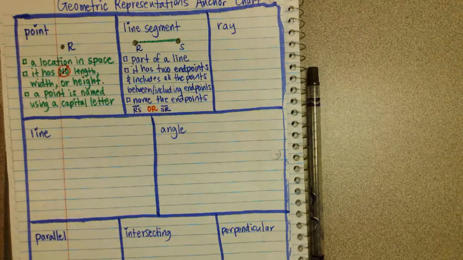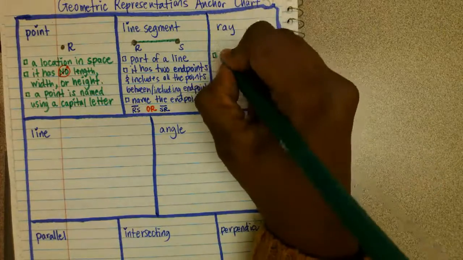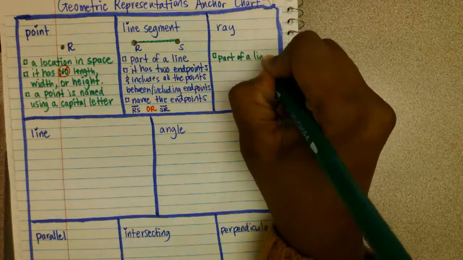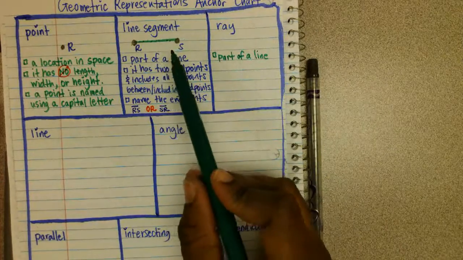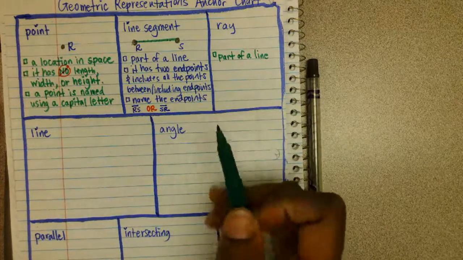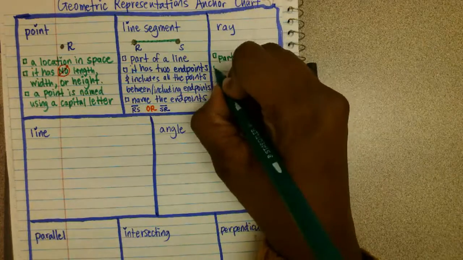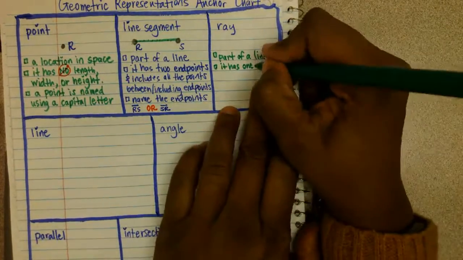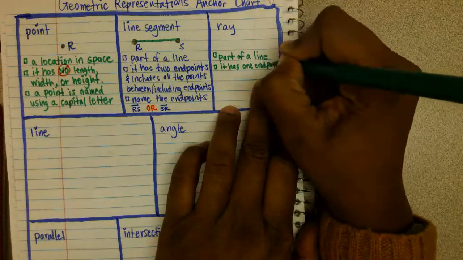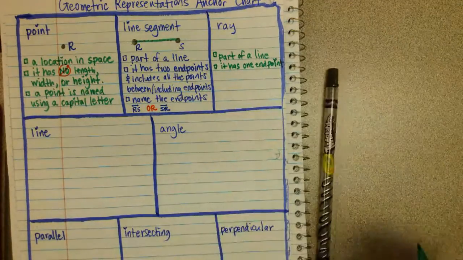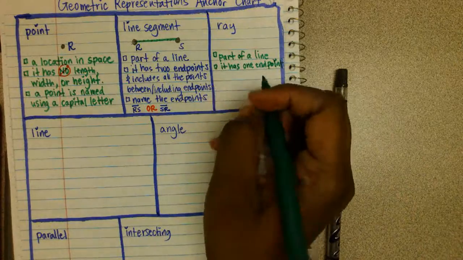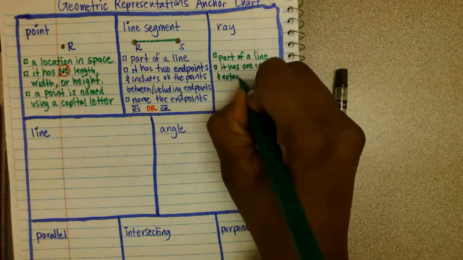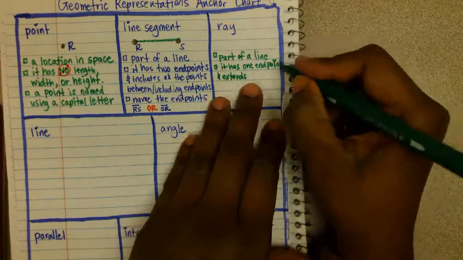A ray is part of a line. So a ray and a line segment already have that in common. It has 1 endpoint and extends infinitely.